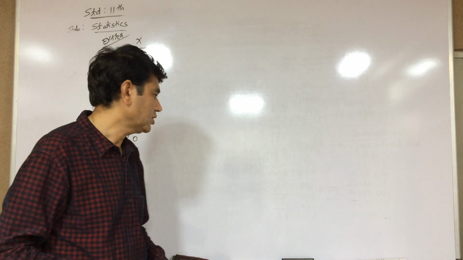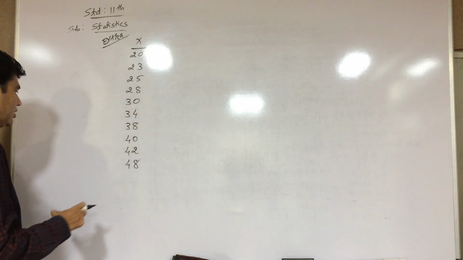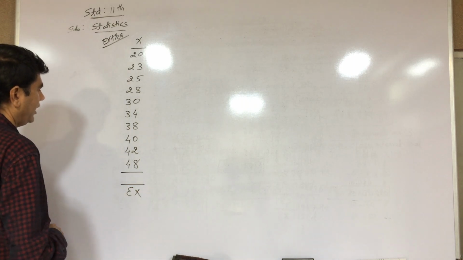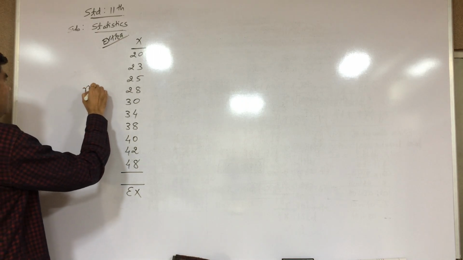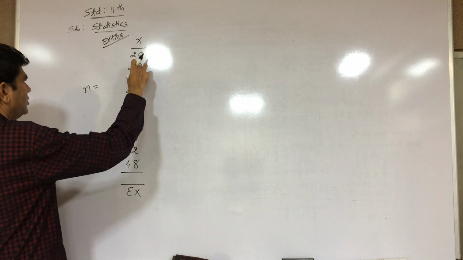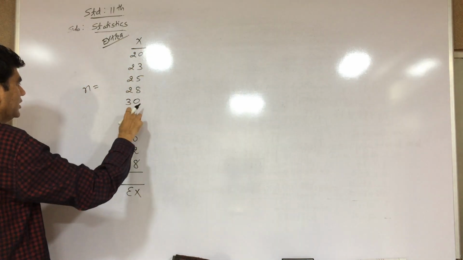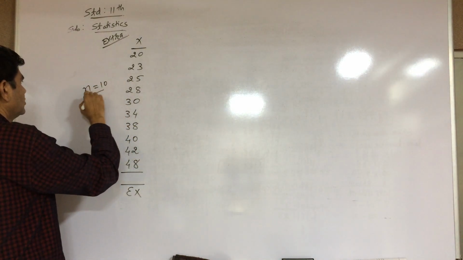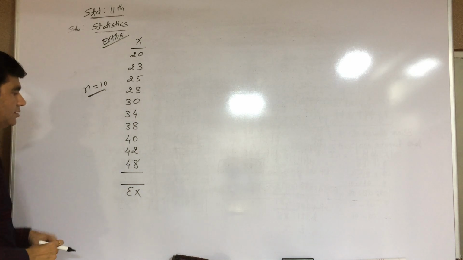Okay, so first of all we find total, and it's called sigma x, and n is equal to number of observations: 1, 2, 3, 4, 5, 6, 7, 8, 9 and 10 observations. So n is equal to 10.